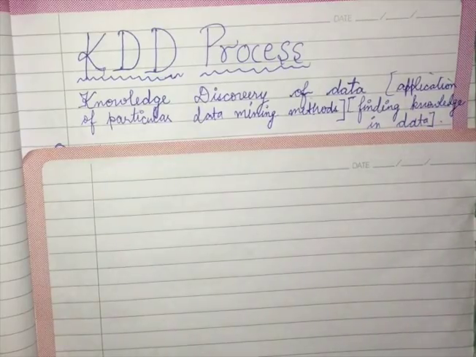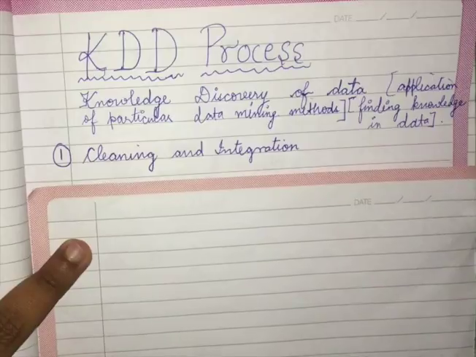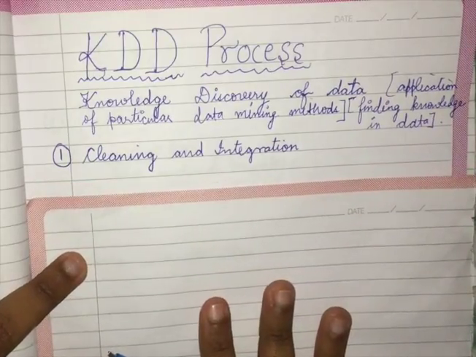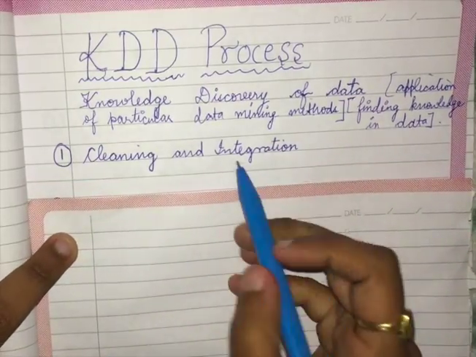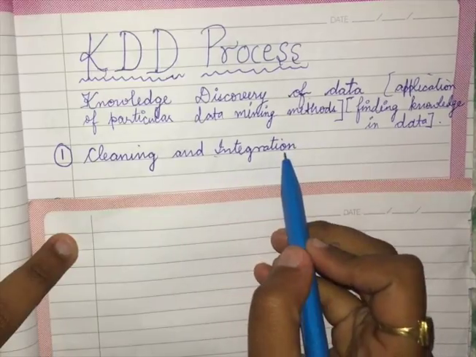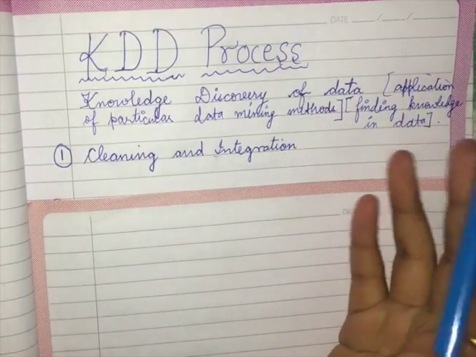The first step is cleaning and integration. So what happens in cleaning and integration? As the name suggests, what do you mean by integration? Now what has happened is that we have records from various different sources.